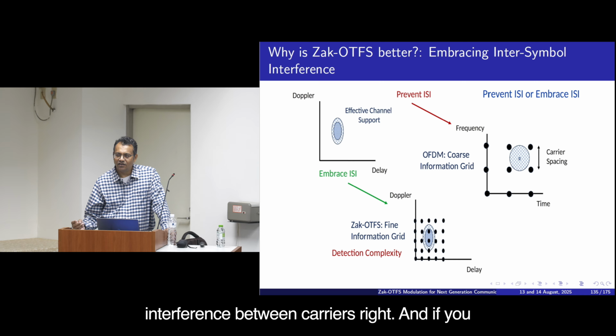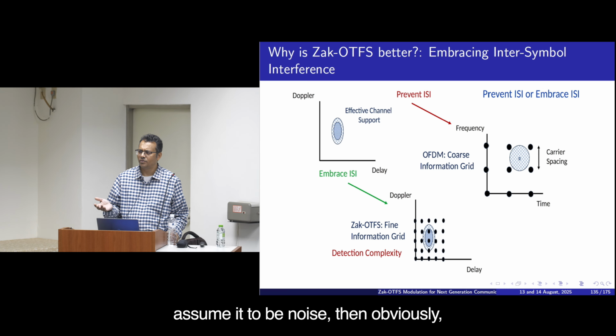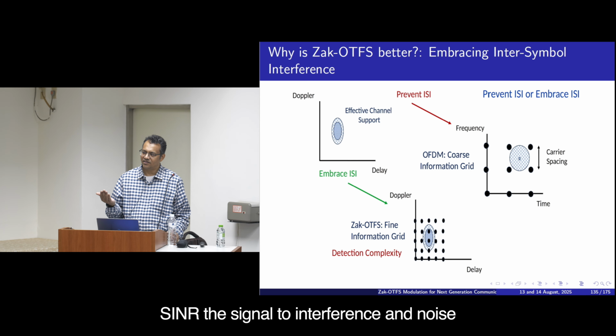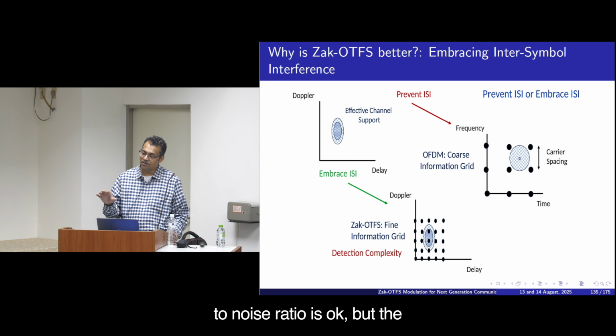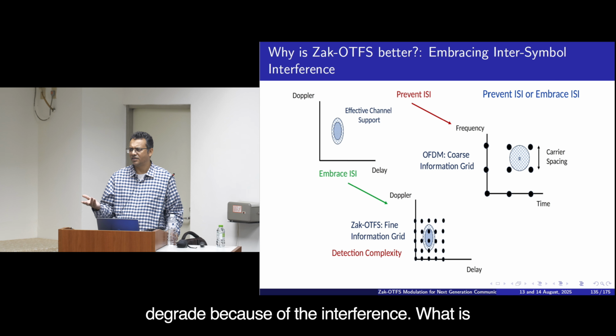And if you ignore that interference and assume it to be noise, then obviously your performance will get hit, because the SINR, the signal to interference and noise ratio, will degrade, even though your signal to noise ratio is okay.